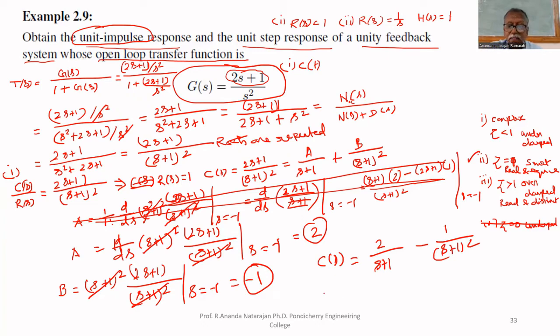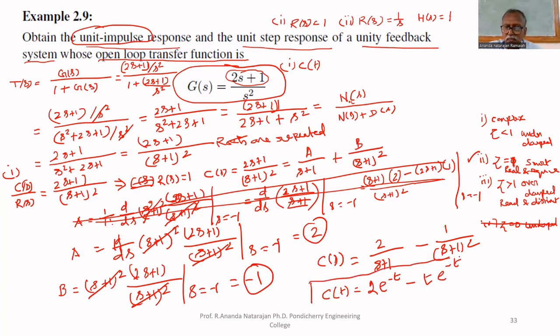Now we can find C of t, the Laplace inverse. C of t equals 2 times e power minus t, minus, since s square is there, we have to multiply by t. Therefore, t e power minus t.